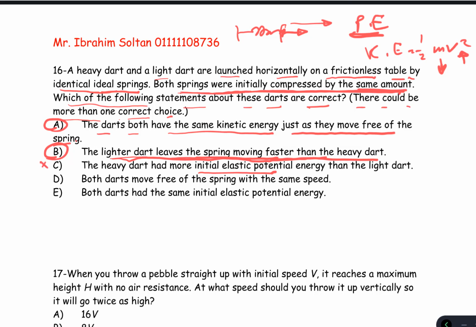So this is wrong. D: both darts move free of the spring with the same speed. No, the one that has less mass has more speed. Both darts have the same initial elastic potential energy. Yes, same initial elastic potential energy.